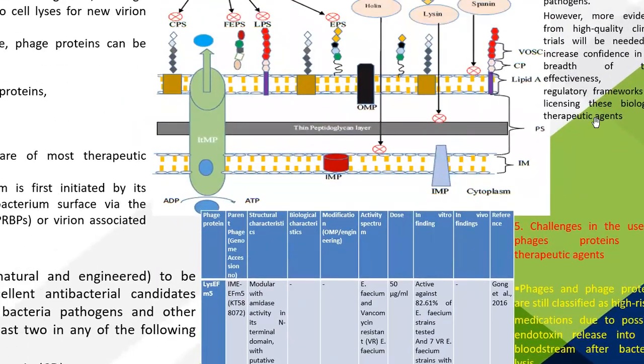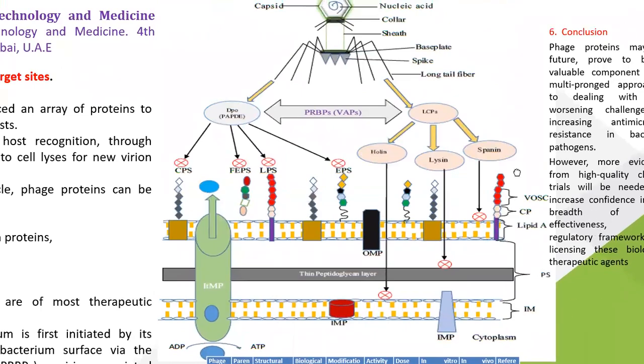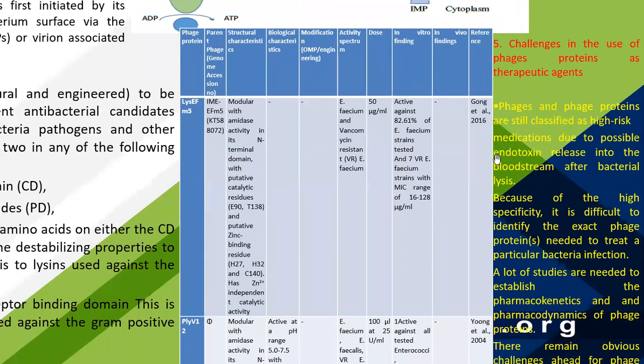Thus, the major challenge so far in the use of phage proteins against nosocomial infections is that phages and phage proteins are still classified as high-risk medication due to possible endotoxin release into the bloodstream after bacteriolysis.